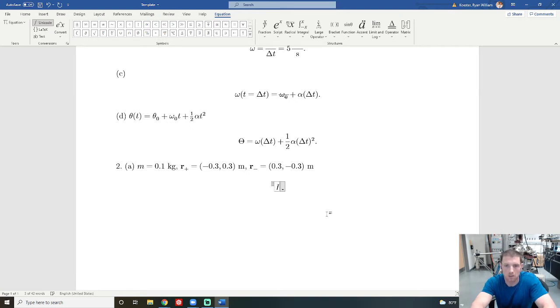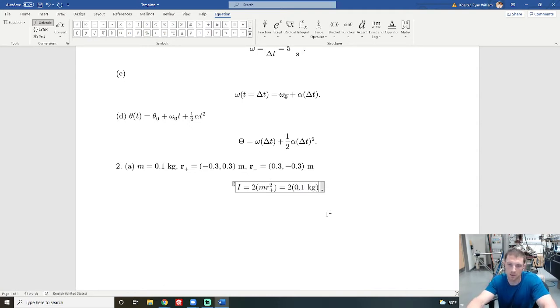So we could say that the total moment of inertia is just two times m r sub plus squared, right? It doesn't matter if we use r sub plus or r sub minus because of the symmetry here. So this is just going to be 2 times 0.1 kilograms.